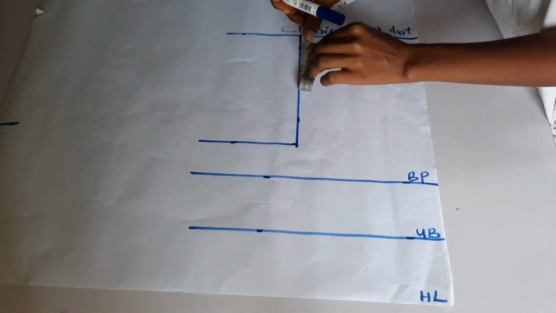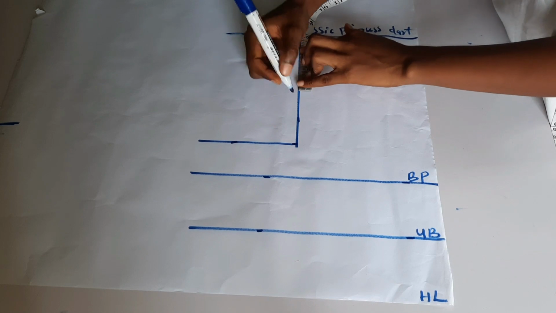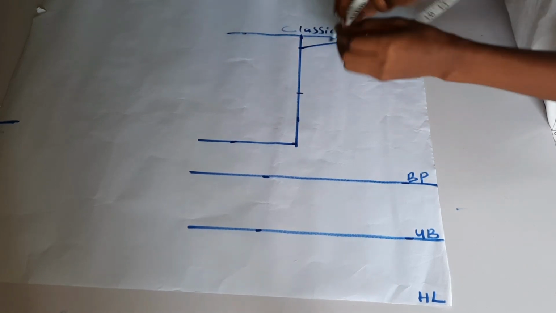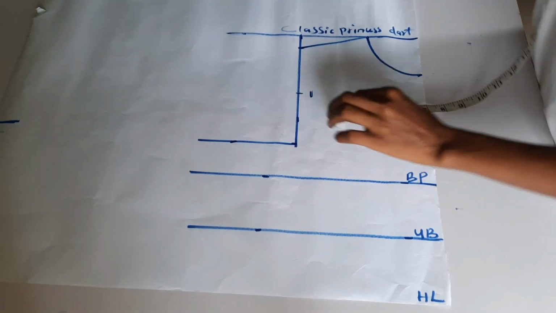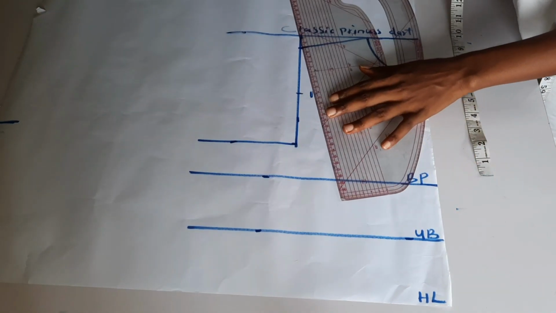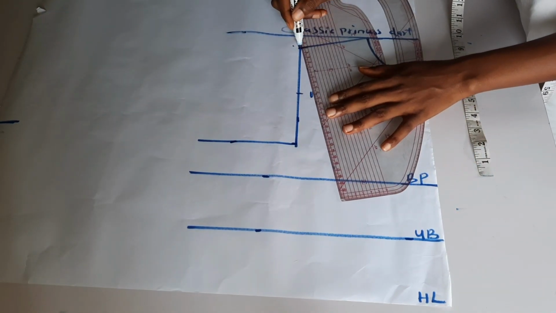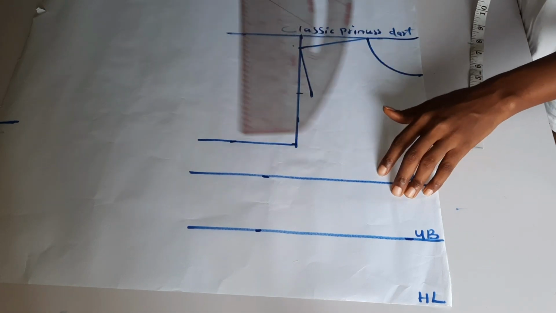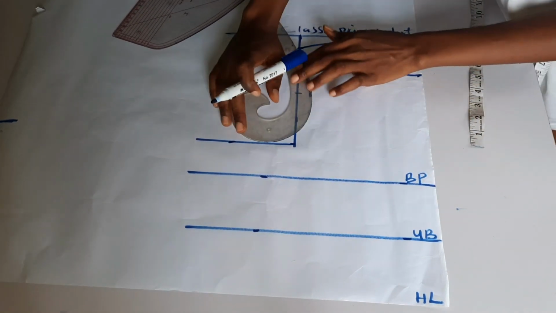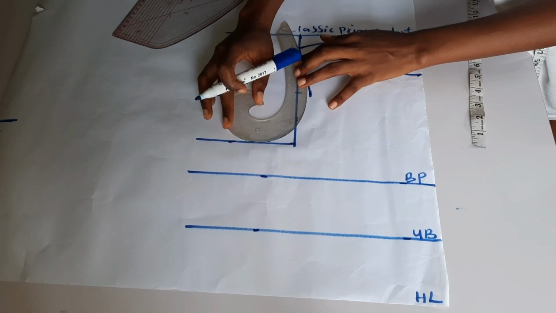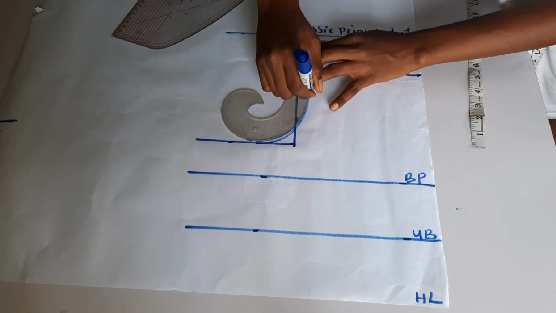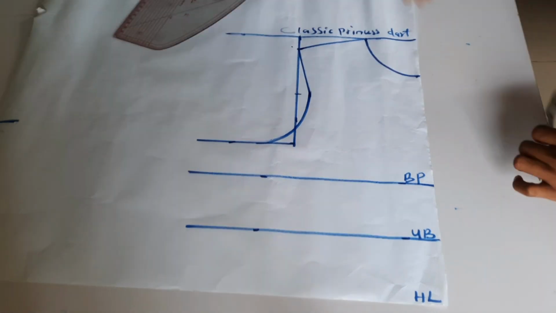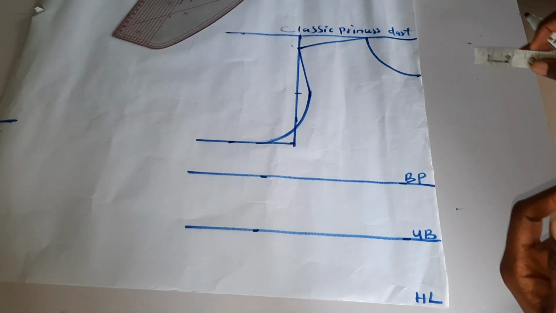Remember guys, fold over into 2 like this, and here you go in by 0.75. Use your ruler, connect from here to here, and on the other one, connect from here to here. So this is what we have now.